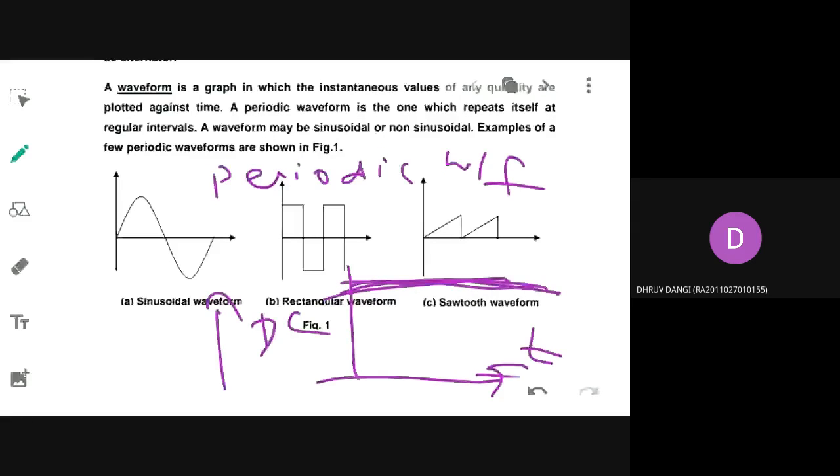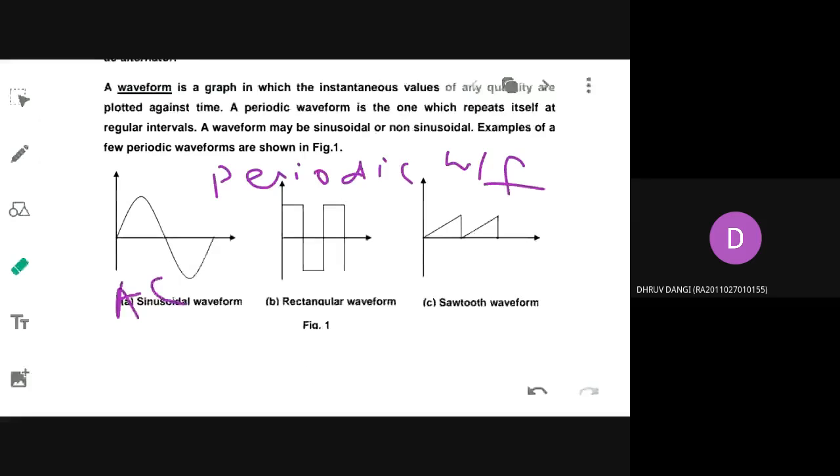But when it comes to AC, it is called what current? Alternating current. DC means direct current, AC means alternating current. Suppose at this instant the magnitude is maximum, at this instant it is negative maximum, and at this instant it is 0.